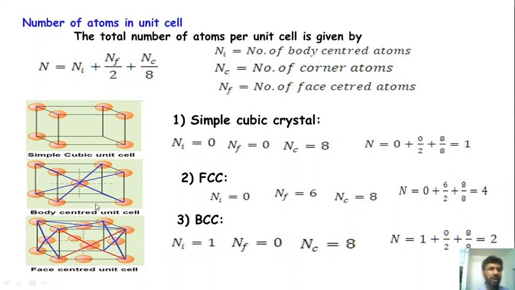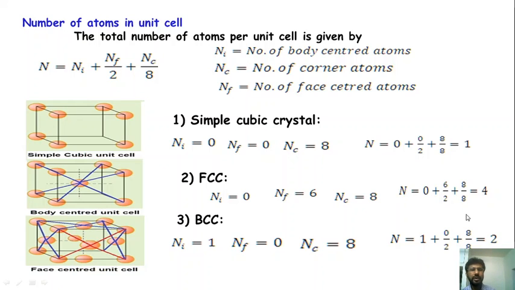Now in the case of the face centered unit cell, the body centered atoms are 0, the 6 atoms are on the 6 faces of the unit cell, so Nf is equal to 6, and there are also the 8 corner atoms, therefore you will get N is equal to 4.